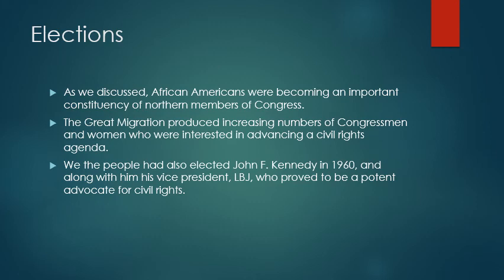In addition, we the people elected John F. Kennedy in 1960, albeit he ran on a Cold War sort of platform, more of a foreign policy platform. He did ultimately, albeit somewhat reluctantly, become an advocate for civil rights. Perhaps more importantly, once he's assassinated in the fall of '63, his vice president, Lyndon B. Johnson, becomes president.